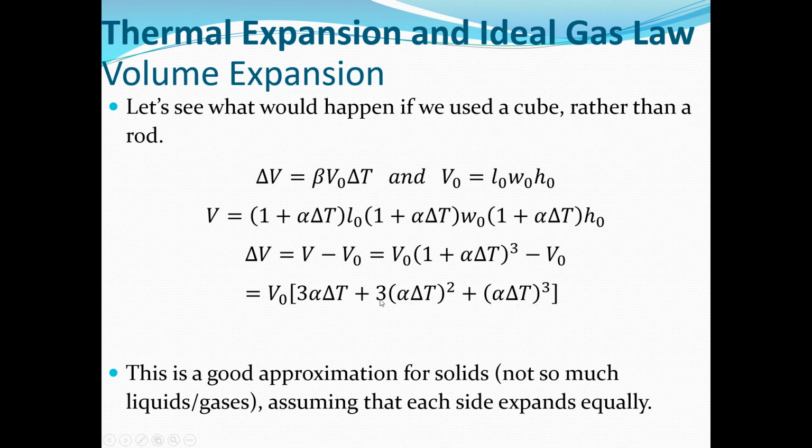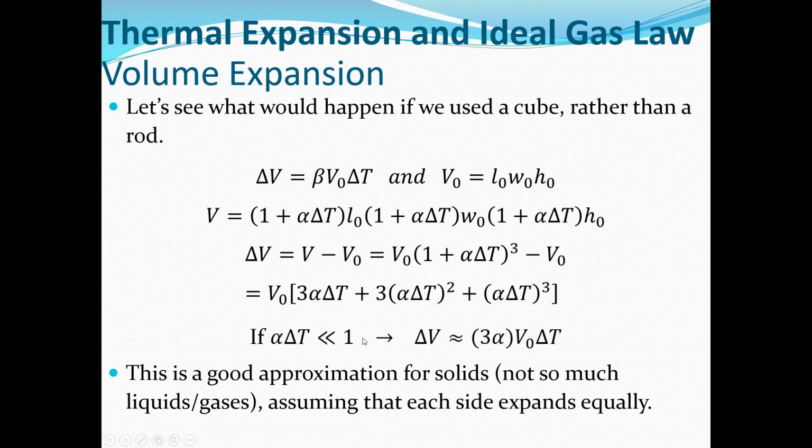Now, because alpha and delta T are both usually really small, and in particular alpha is an extremely small number, when we square it and when we cube it, these numbers are going to be also extremely small. This is going back to the small x approximation, that when you have a number that's really small and you raise it to some power, it gets so small you can ignore it.